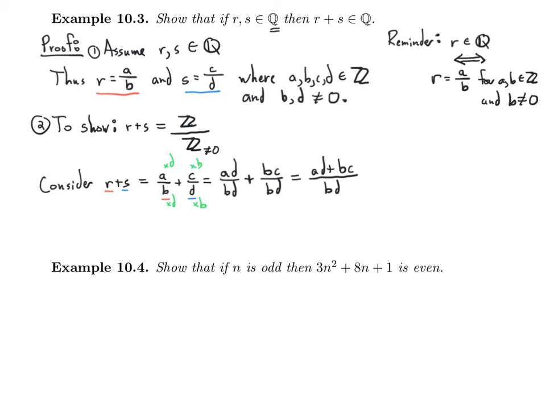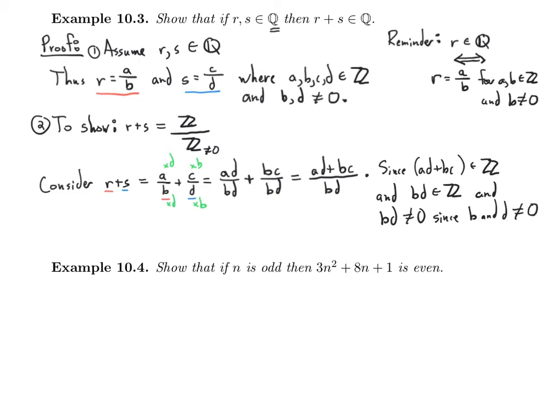And now we just have to say that this is in the form of an integer over a non-zero integer. So let's do that. Since AD plus BC is an integer, and BD is an integer, and BD doesn't equal 0, and maybe it's a good idea to tell people why it doesn't equal 0, since B and D don't equal 0, by assumption, that's what we assumed.